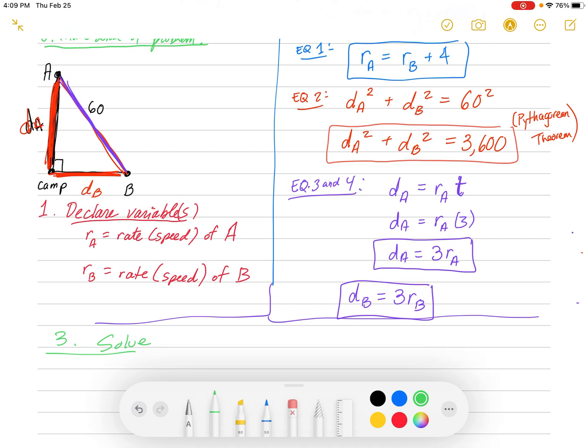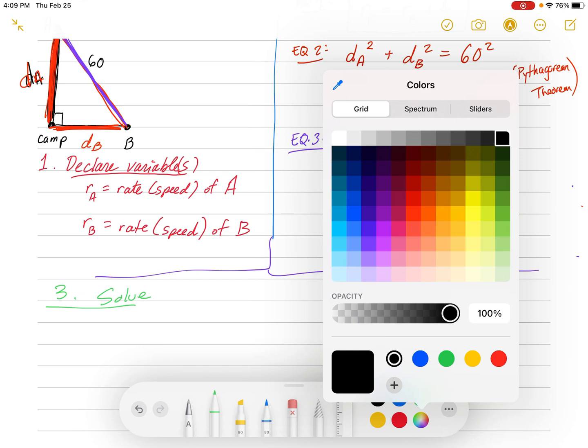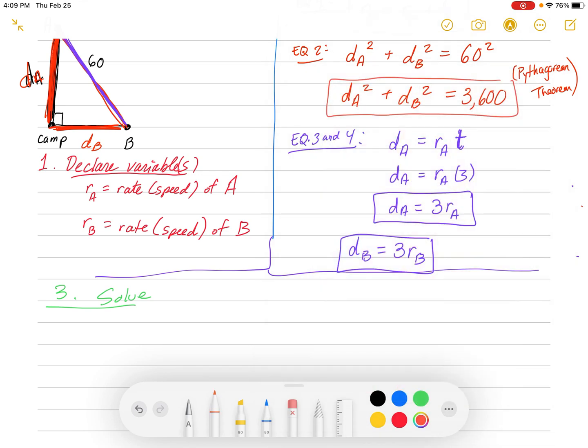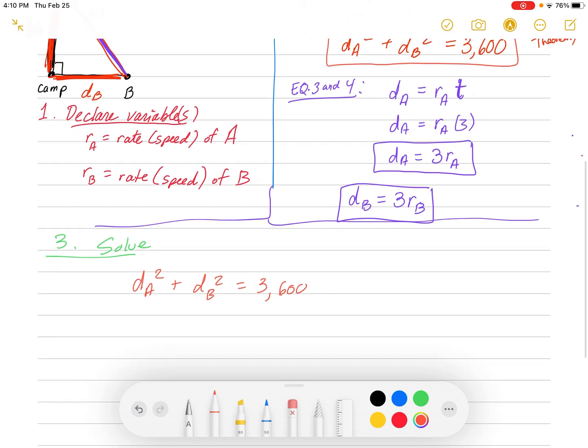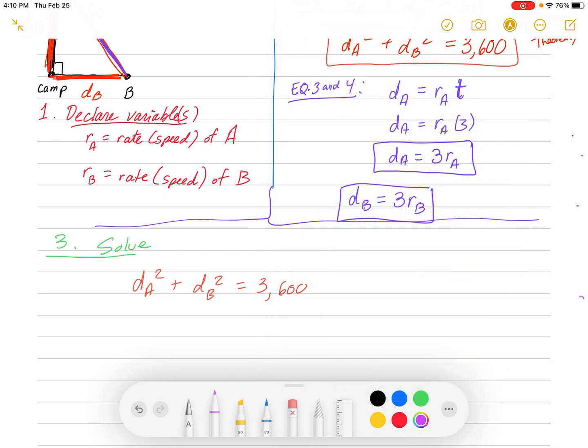So the first thing I'm going to do, I'm going to take my master equation, which is this orange equation here. Let me go back and look at my orange equation. I got dA squared, the distance of A squared, plus the distance of B squared equals 3,600. And in place of dA and dB, we can replace those with 3RA and 3RB respectively.